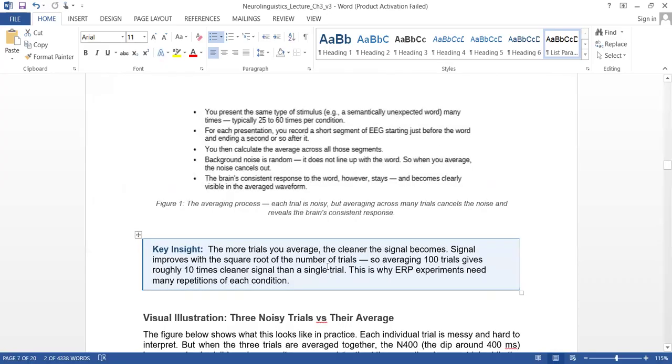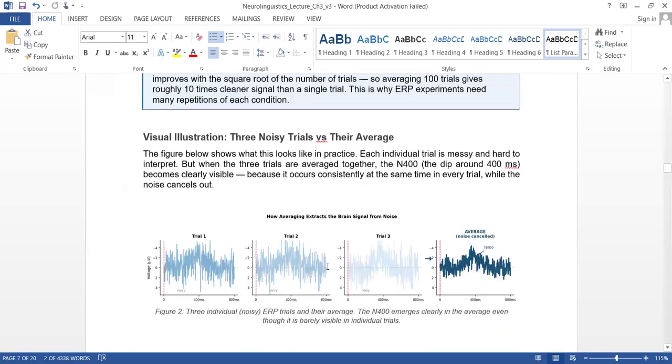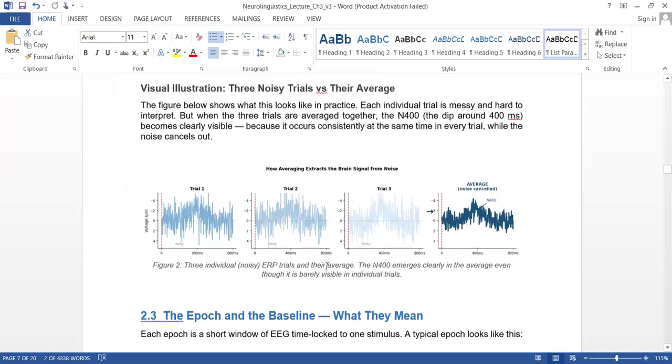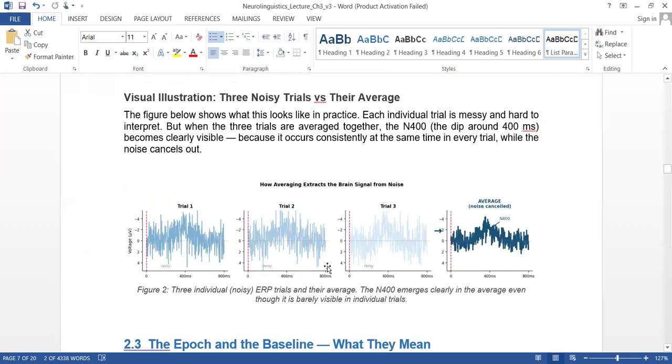Okay, here is the detail of what I've already talked about. You can read it. Now here is a visual illustration. The figure below shows what this looks like in practice. Each individual trial is messy and hard to interpret, but when the three trials are averaged together, the N400 around 400 ms becomes clearly visible because it occurs consistently at the same time in every trial, while the noise cancels out.